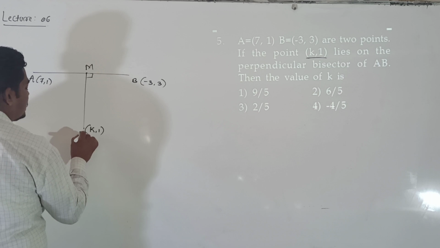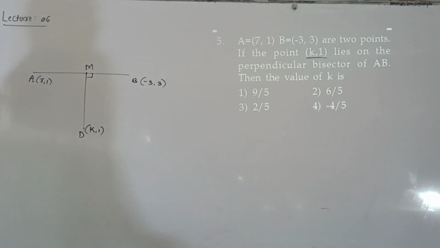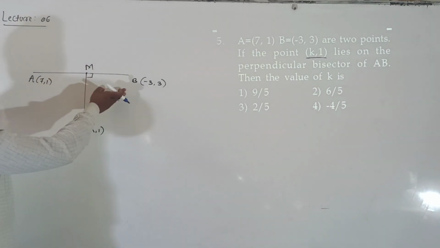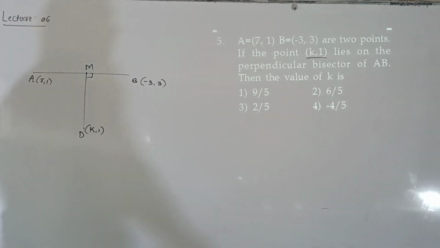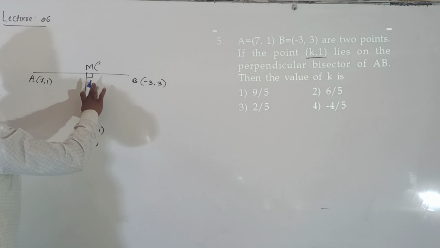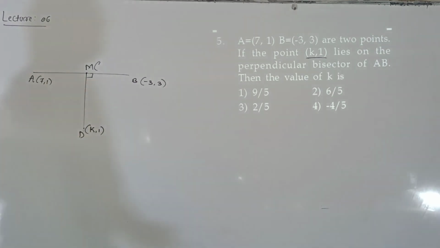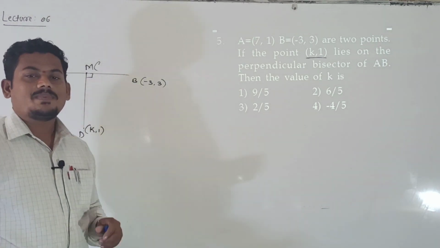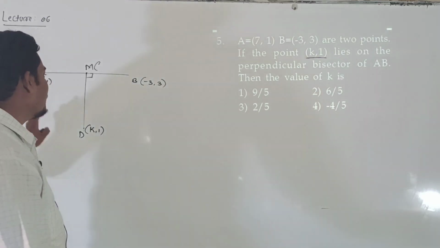Take this point some D. Clearly MD line is the perpendicular bisector of line AB. Then what are the coordinates of M? Perpendicular bisector of AB means clearly M is the midpoint of AB.